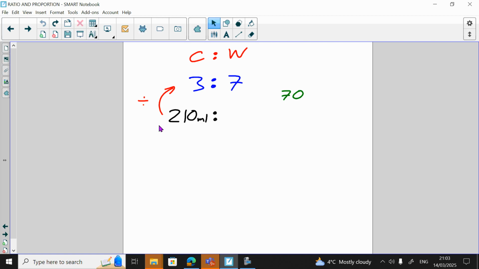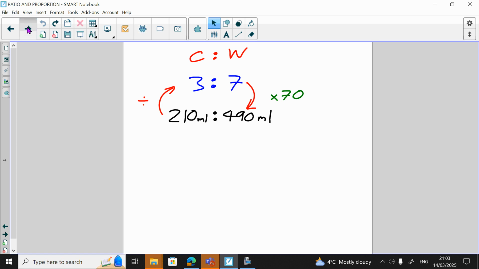Because I'm dividing on that side, I'm going to do the opposite on the other side, and this is basically like an equation. So the 7 times the multiplier. 7 times 70 is, what is it? 490 millilitres. Okay.